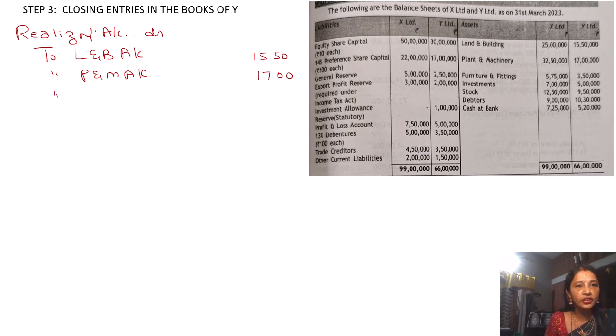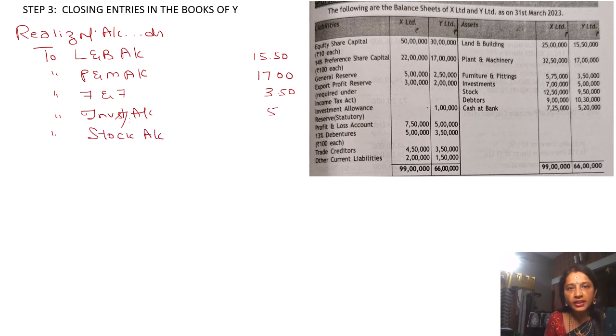To furniture and fixtures. Amount is 3,50,000. Then to investments account. Investment amount is 5 lakhs. Then to stock account.